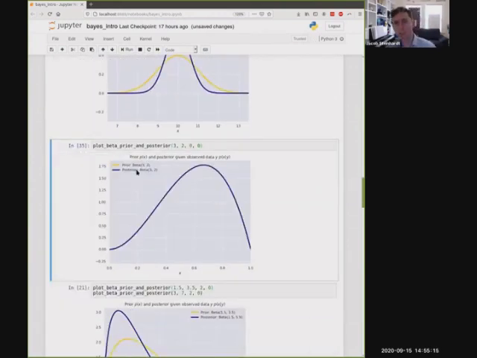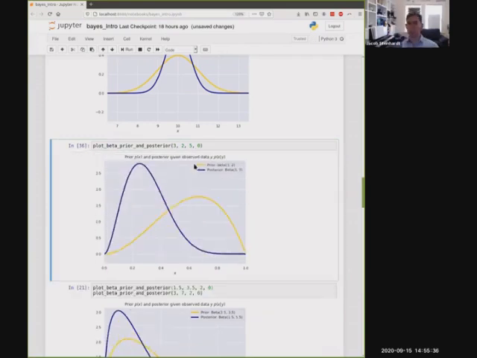The first two arguments here are the R and S values that we were just talking about for the beta distribution. And then these are the observations. So let's make this 5 and 0 for 5 positive and 0 negative. So you can see what this looks like. The prior is in yellow and the posterior is in blue.